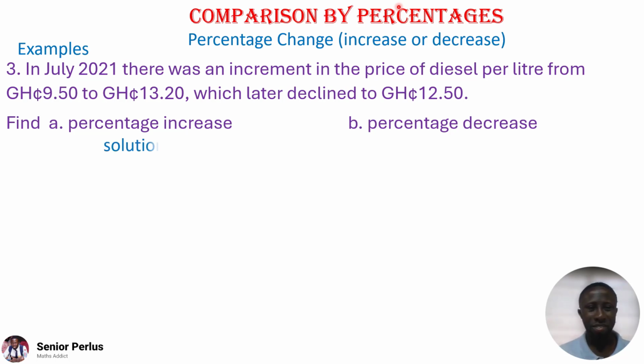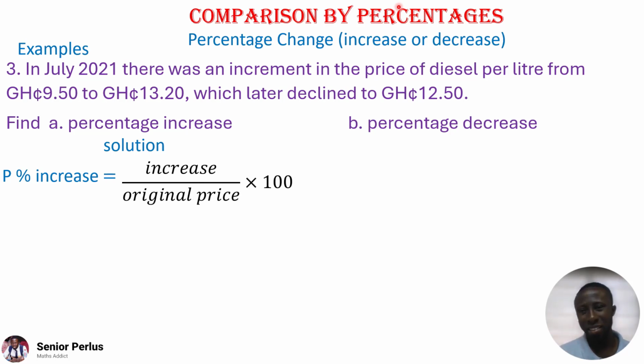Solution. So this one, I hope you can do this. Pause it, do it and compare your answers. One, to find the percentage increase, that's the increase out of the original times 100. Very simple.